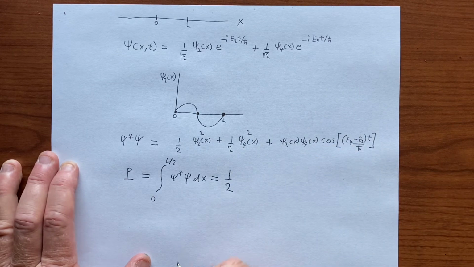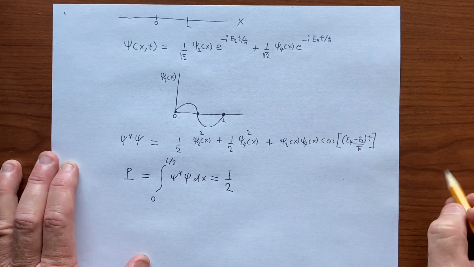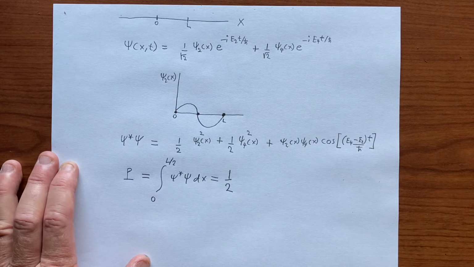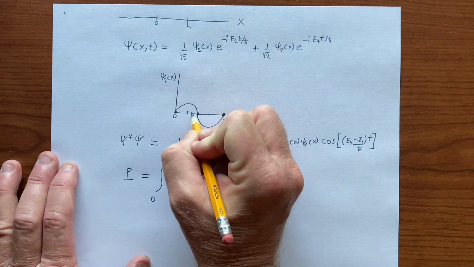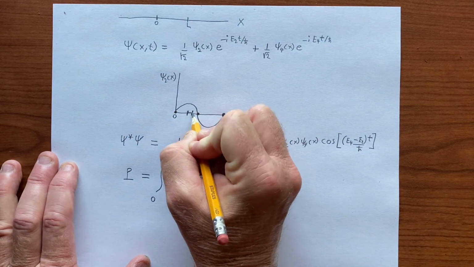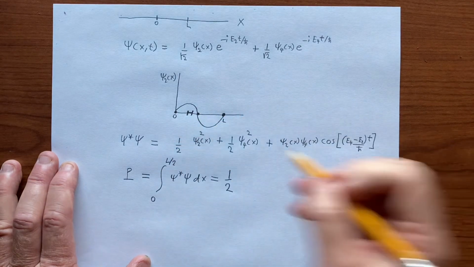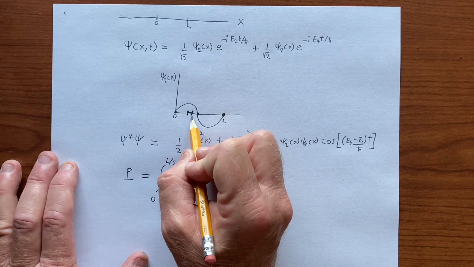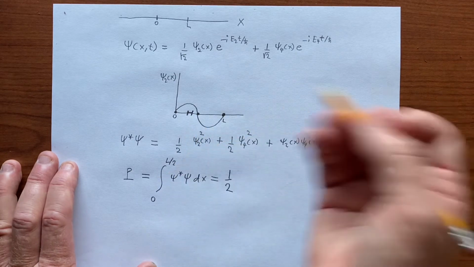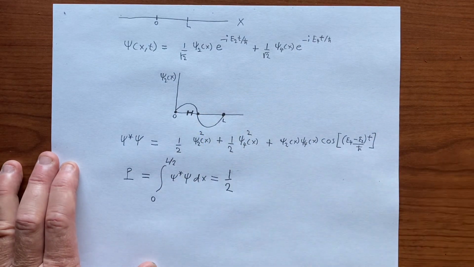Now I just wanted to point out that if we integrate functions like this over some arbitrary range, say from L over 4 to something a little bit larger than that and less than L over 2, there's clearly time dependence in that term.